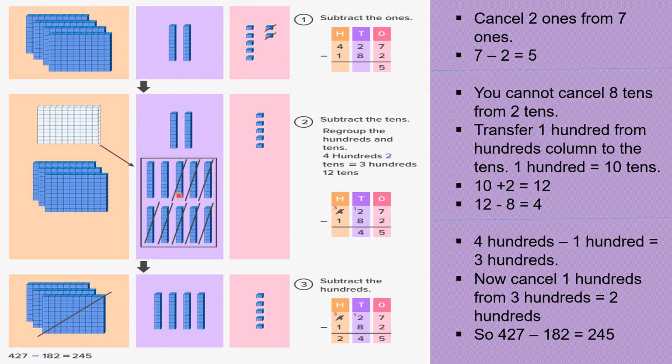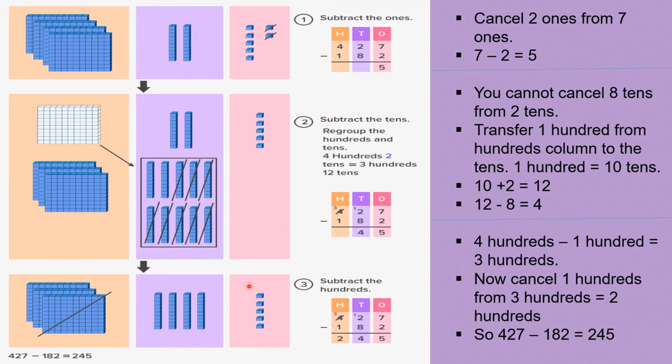How many tens are there in total? 10 plus the initial 2. 2 tens plus 10 tens is 12 tens. Now can I cancel the 8 tens from it? Obviously. So I cancel 1, 2, 3, 4, 5, 6, 7, 8. How many tens are remaining? 1, 2, 3, 4. You can see I've got 4 tens.